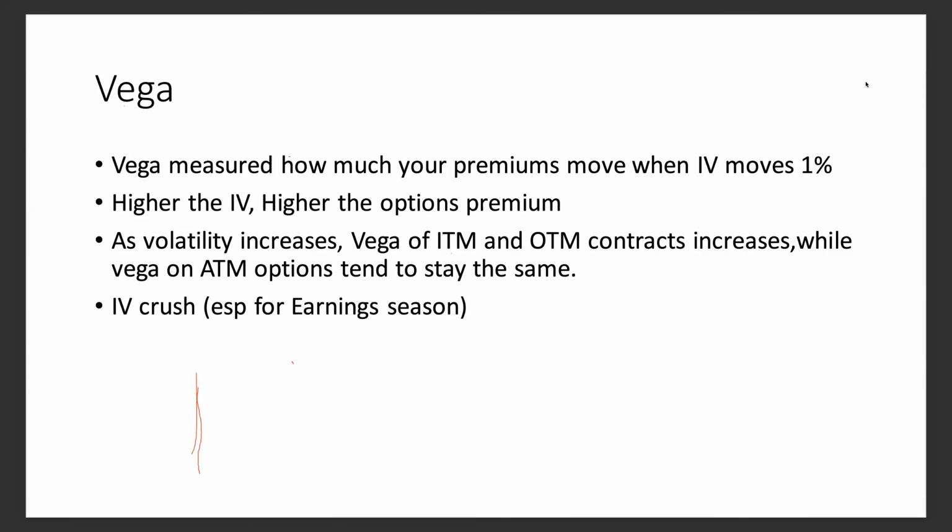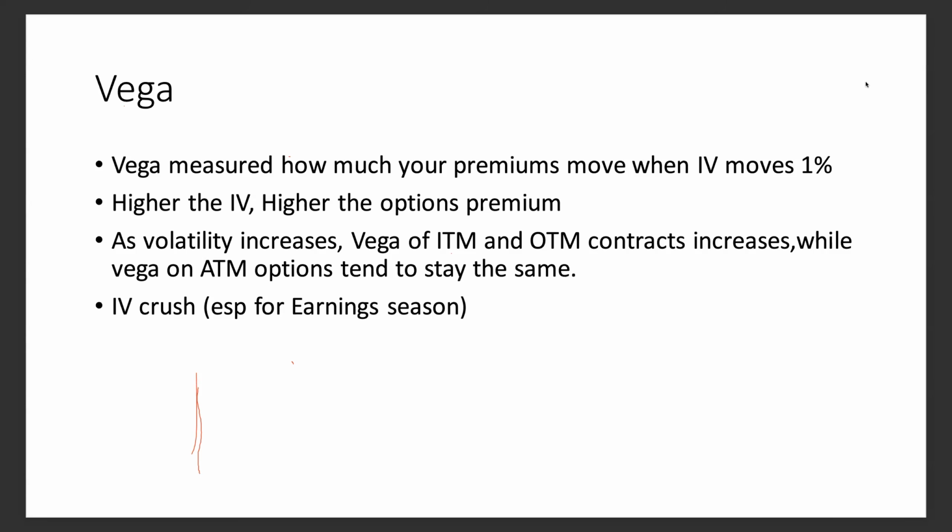And let's say IV goes up from 30% to 31%, which is a 1% increase in IV, or let's say the IV goes up from 32% to like 37 or 40%, you will see this Vega telling you how much it's going to bump up your contract's profits.